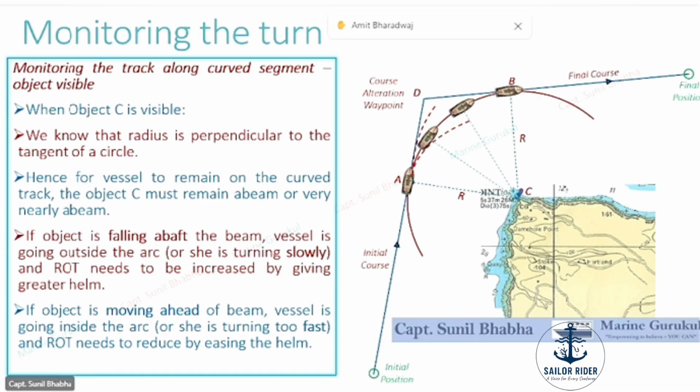Go ahead, Amit. You said this lighthouse will be abeam, but will there be any substantial difference between course made good and course to steer? Are you talking of the drift angle, beta, during turning?